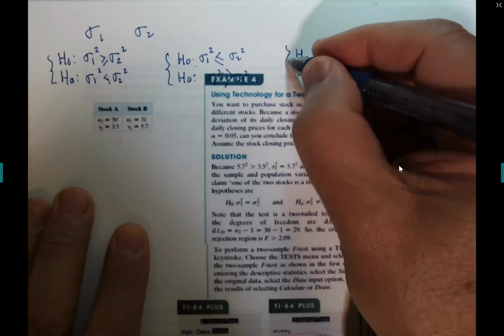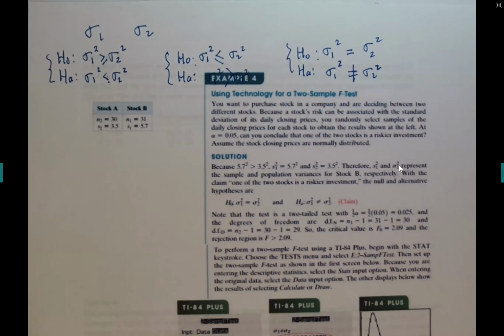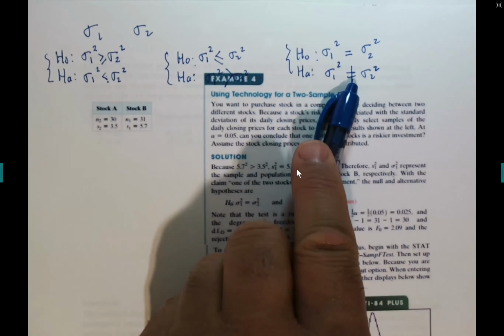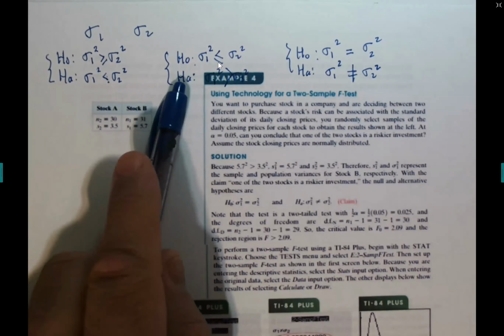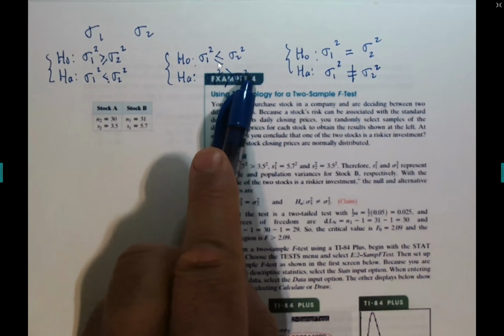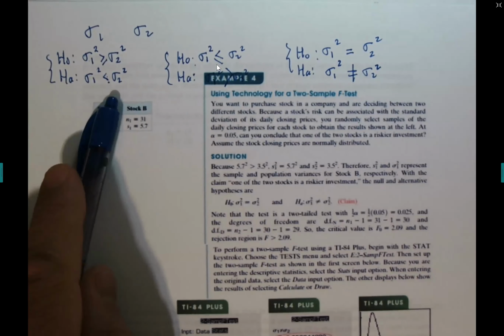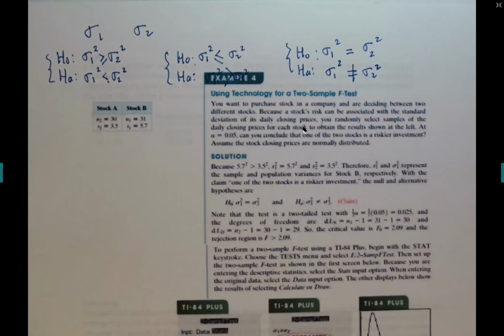Now, which one do you choose when I give you the problem? Well, whatever he says. If he says check that the variances are not equal, you're going to select this one. If he says check that one variance is greater than the other one, you're going to select that one. If he says check that one variance is less than the other one, you're going to select the first one right here. Okay.